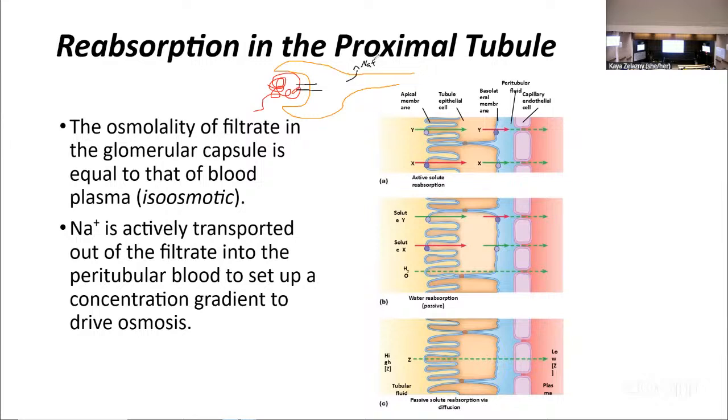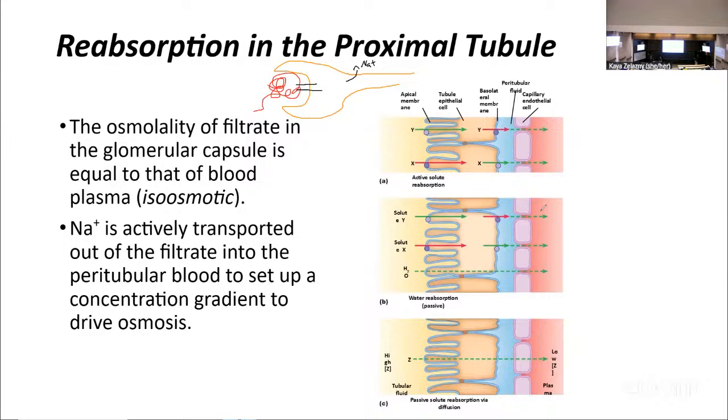This means that we now no longer have this isoosmotic situation, right? So we've increased the osmotic pull here next to our nephron, right? Now we have a more watery environment in that tubule than we do neighboring the tubule. So now we have an osmotic pull on that water.